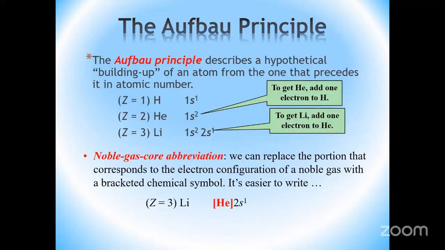Now, you might be saying, well, there's not much of a difference in terms of the length of characters involved between the abbreviated version for lithium and the standard version. But you'll see the difference when it comes to heavier atoms like titanium.